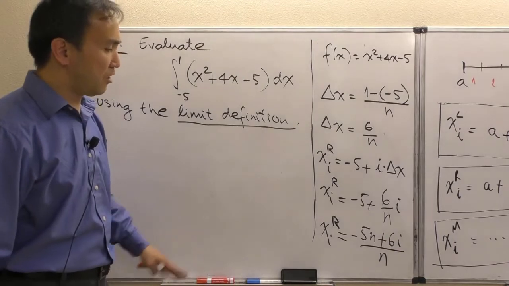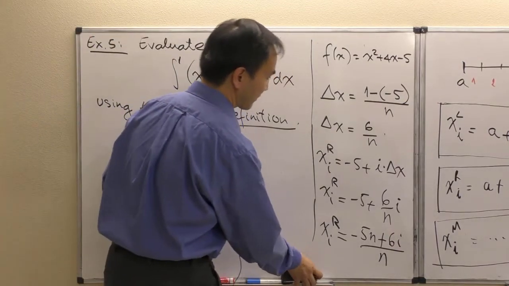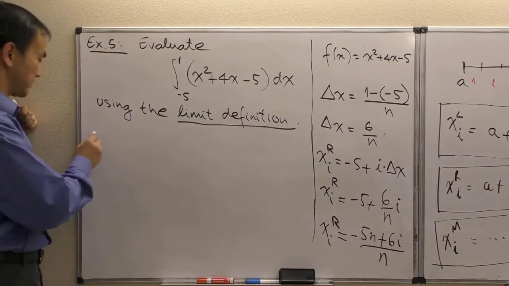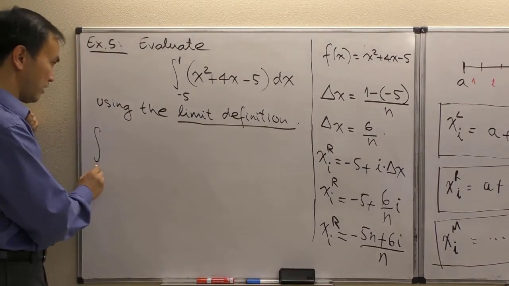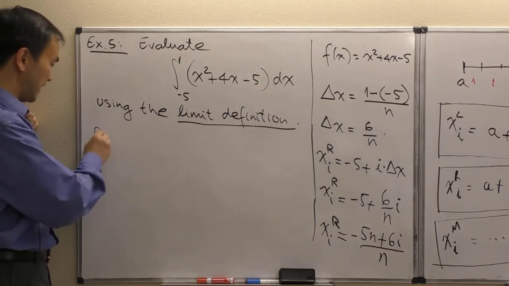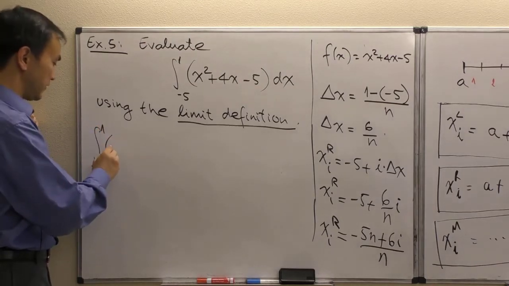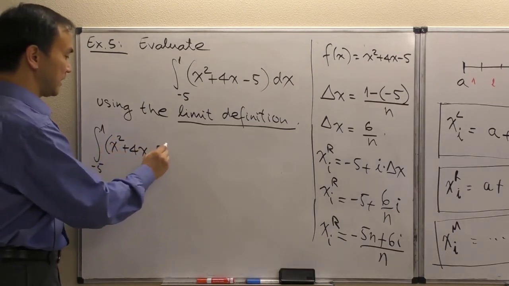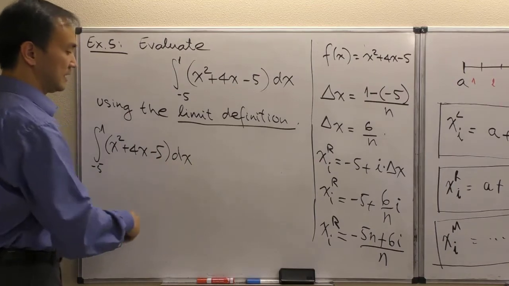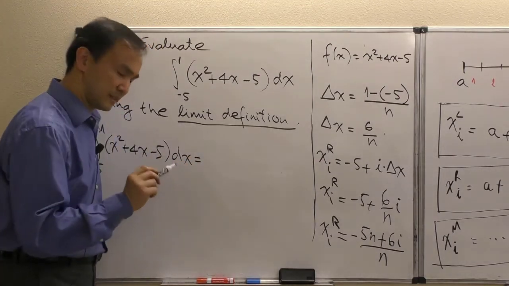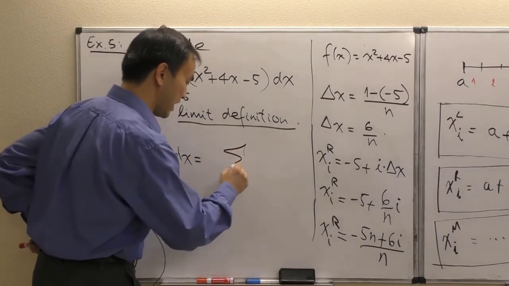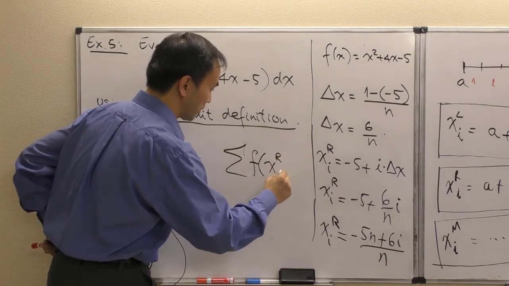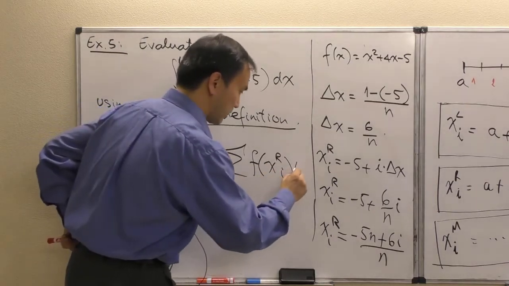Now with all that information, let's set up my integral. The definite integral from -5 to 1 of x squared plus 4x minus 5 dx is going to be equal to, as an indication, since we want the right endpoint, the function at the right endpoint on any ith subinterval, multiplied by delta x.